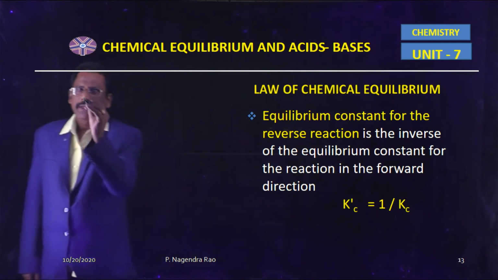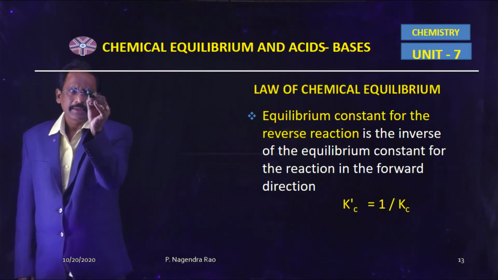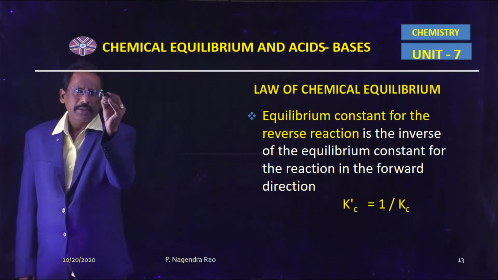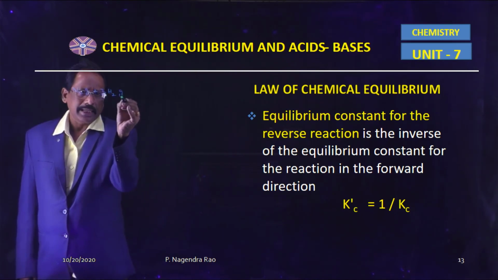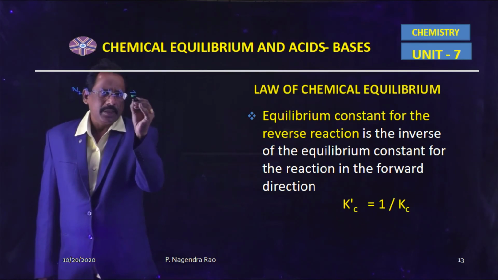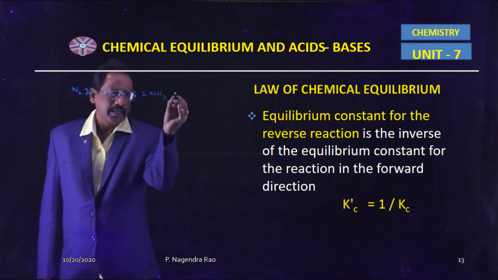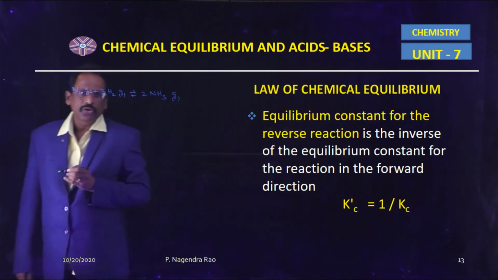For example, nitrogen gas combines with 3 moles of hydrogen gas. It is in dynamic equilibrium with 2 moles of ammonia gas in a closed system.